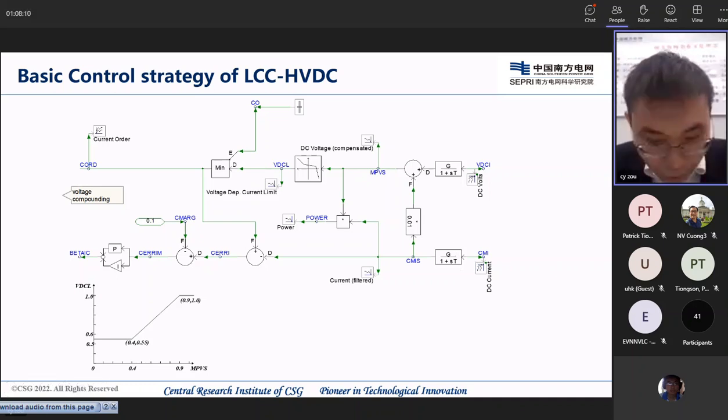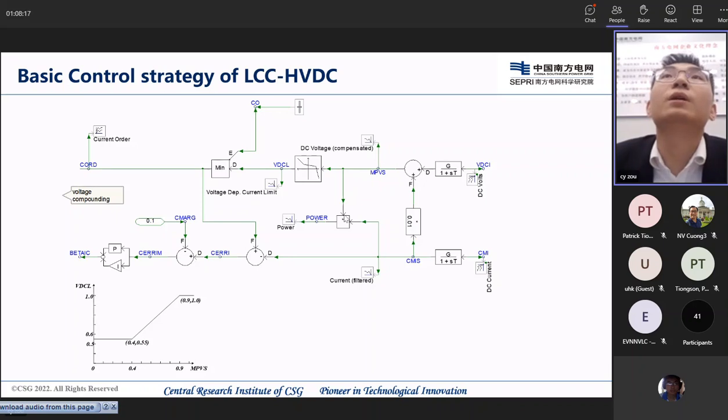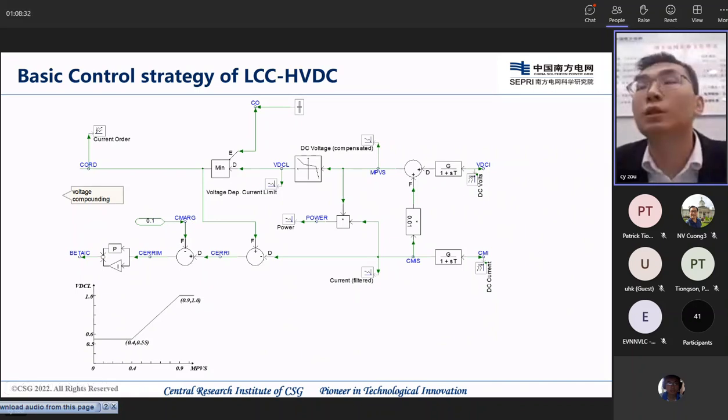CMIS is divided into 3 parts. One is used to calculate the compensated voltage. It is multiplied by 0.01 to get the compensated DC voltage MPVS. This is because the voltage at the receiving end should consider the flowing current.